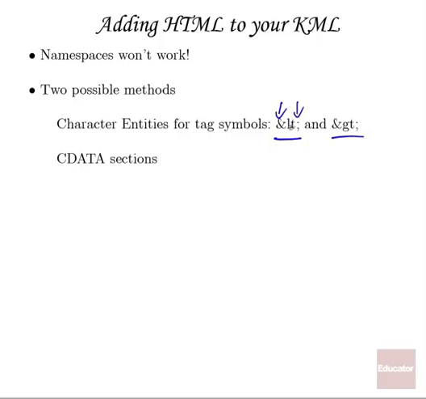Any XML processor that claims to adhere to the standards has to know what they are. And they are LT and GT, short for less than and greater than, or if you're familiar with HTML terminology, a left corner bracket and a right corner bracket. So all of my tag information in any HTML that I'd like to add can be replaced with character entities.